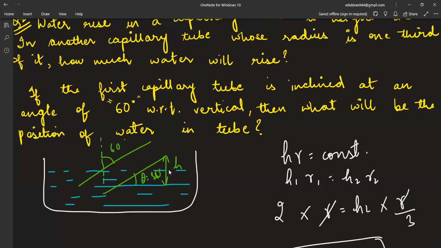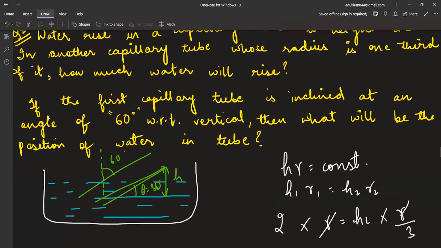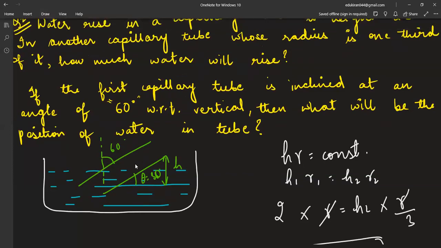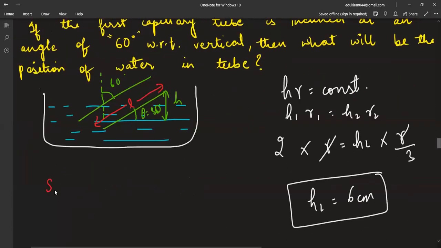Now it's very easy. You just have to find out what will be the position of water in the tube. You have to find out this length. Now see, sine 30 degrees will be equal to height upon length.